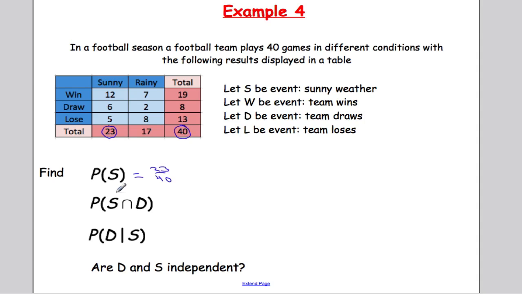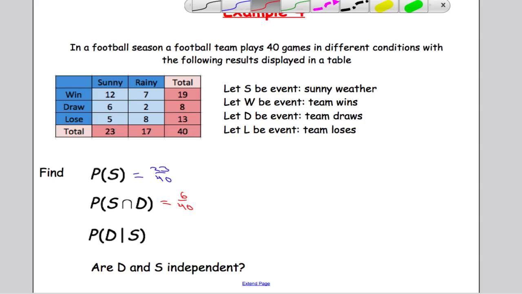What about the probability of S intersection D? So the probability that it's sunny and they draw. Going to our diagram, we can see this is the number of times it was sunny and they drew. So the probability that it's sunny and they draw is 6 out of the 40 matches. What about the probability that they draw given that it's sunny?